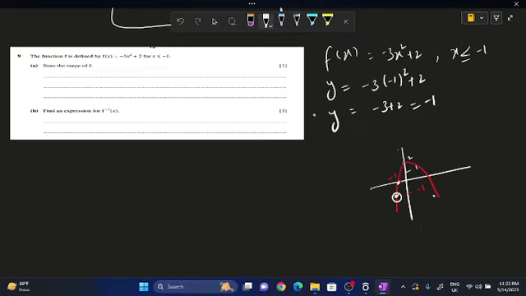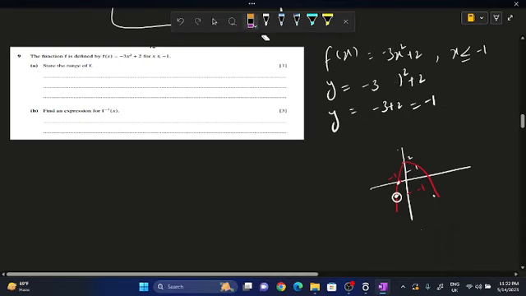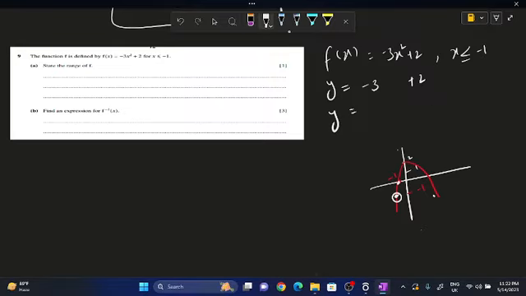Now if you choose x equals minus 2, because your x is going to decrease from right to left, other than minus 1 you choose x equals minus 2. See what happens. Whenever I choose x equals minus 2, my value will become minus 12 plus 2, that is minus 10.